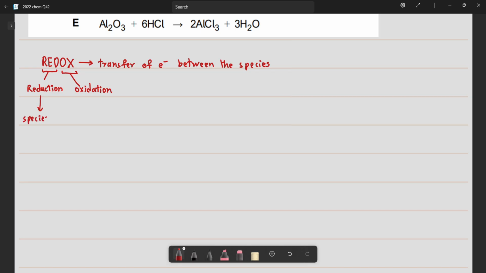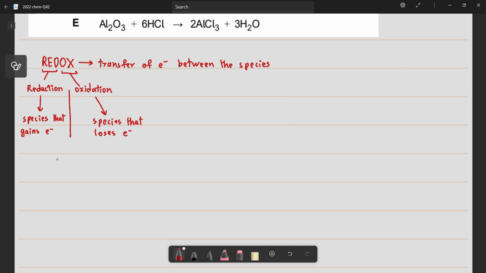Species that gain an electron, this process is known as reduction, and oxidation is when species lose an electron. So species that lose an electron undergo oxidation, and species that gain an electron undergo reduction.